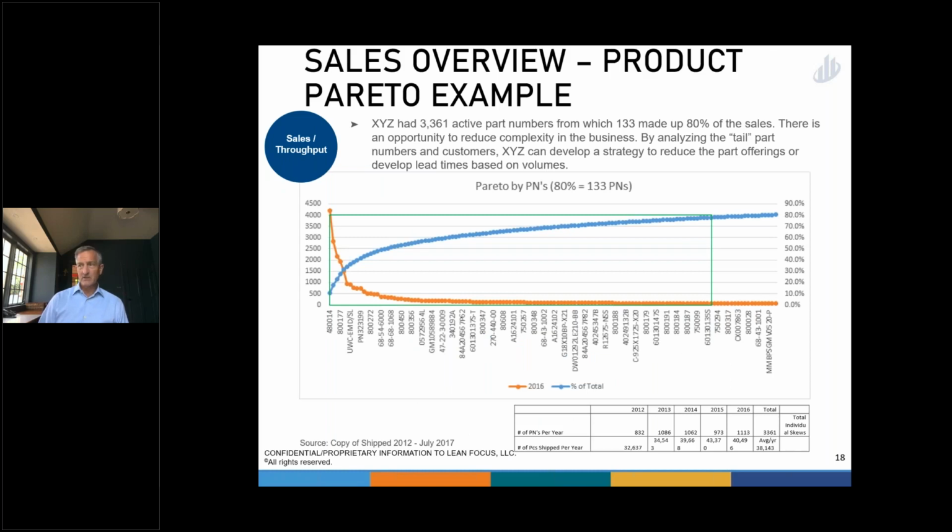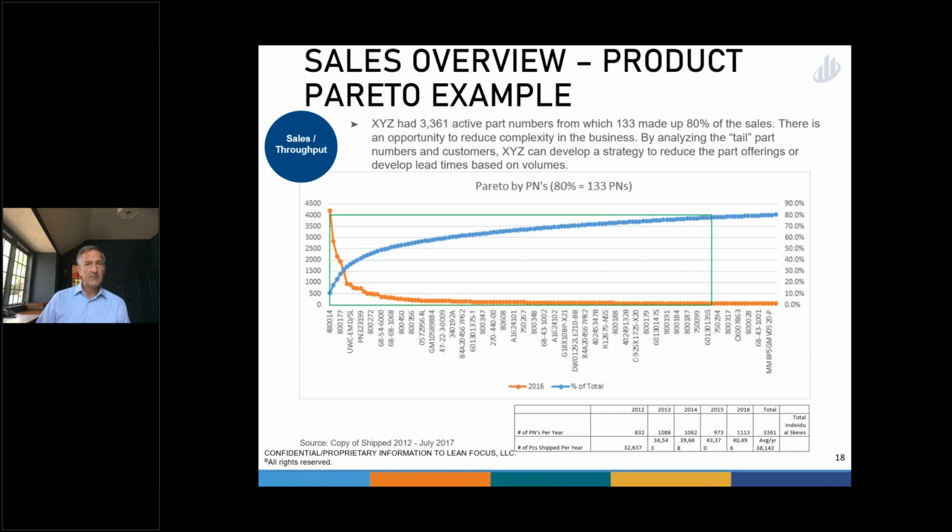A similar chart, this is another Pareto, but it's by part number. Again, this helps us to identify what are the high volume product lines or part families that you have in the plant, and we want to make sure that we're focusing on those. Sometimes this also helps to draw a little bit of focus to how much of the plant is dedicated to that tail of part numbers or customers. That's that long, flat tail towards the right of this chart.